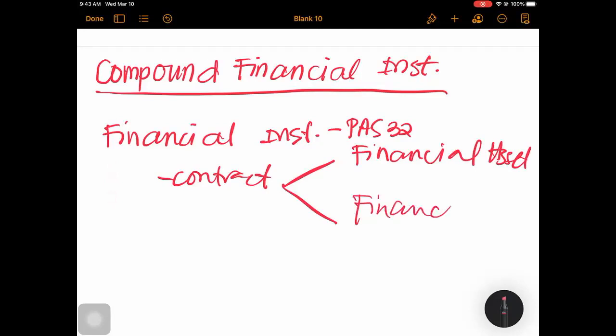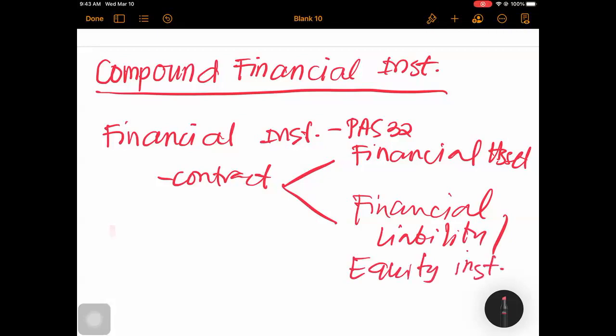So it's a contract between parties in which one of the parties has a financial asset and the other party takes on a financial liability or equity instrument.